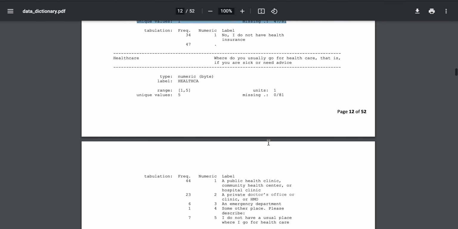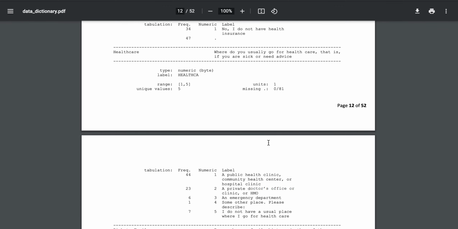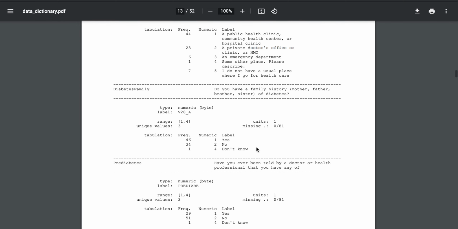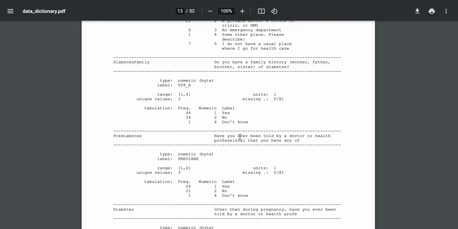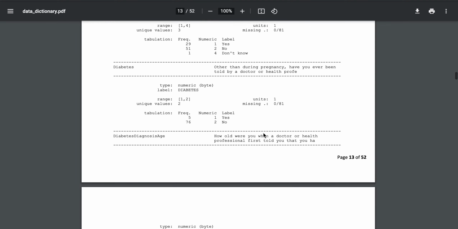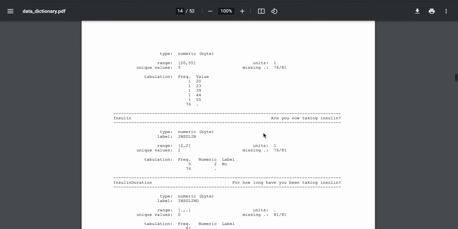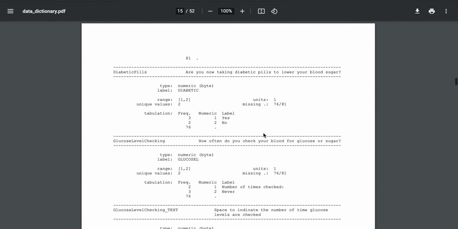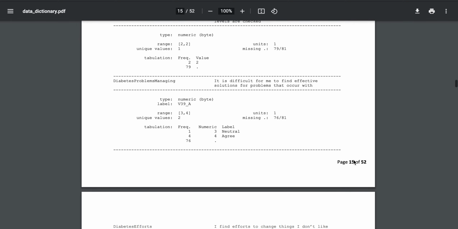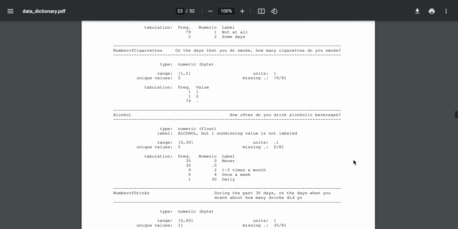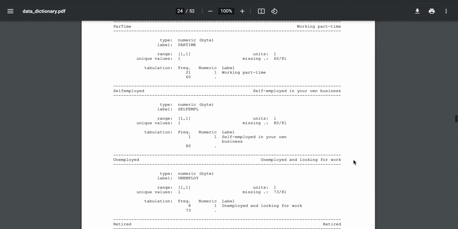Healthcare, there is nothing missing, but we have 5 categories, and there's nothing ordinal about that. Categorical, 3 categories. Anyway, you have to go through all of them, and I have gone through it, so you can do that on your own, but you get the idea.